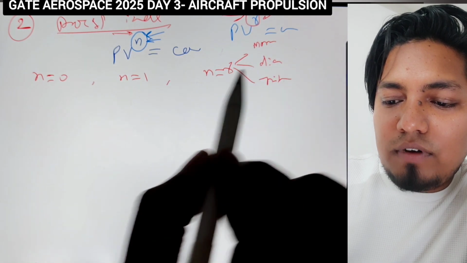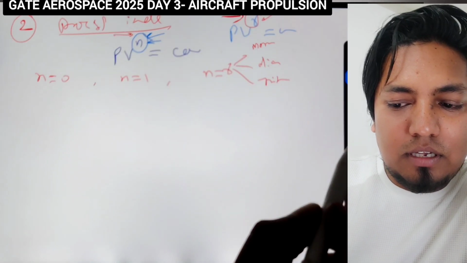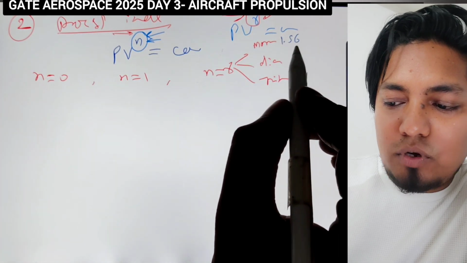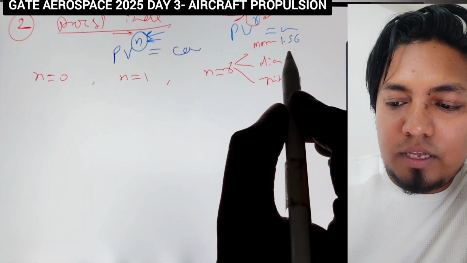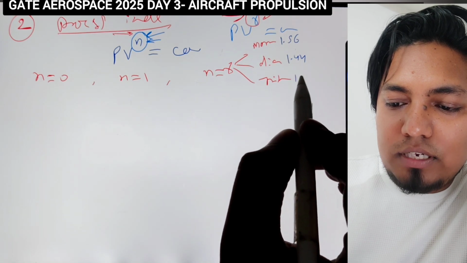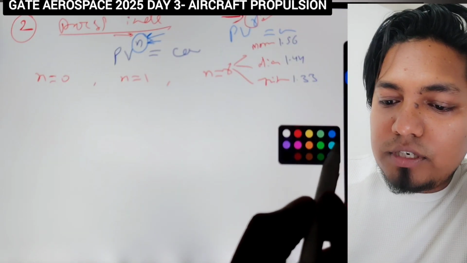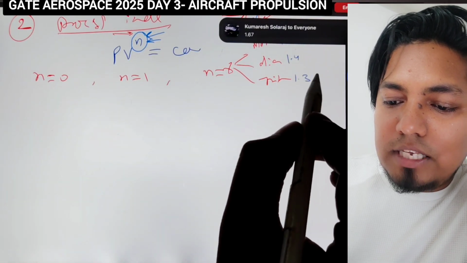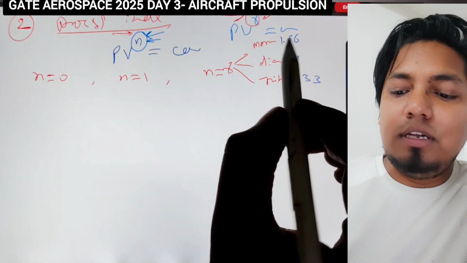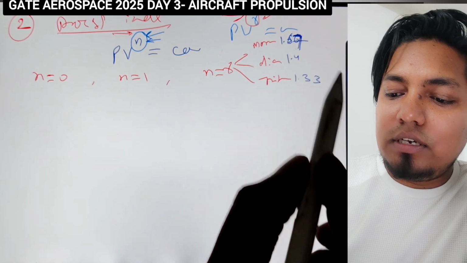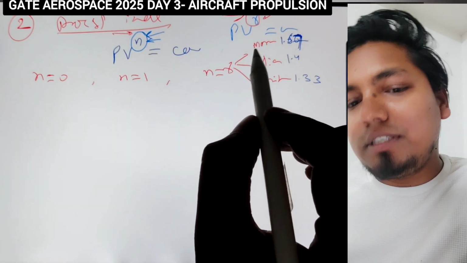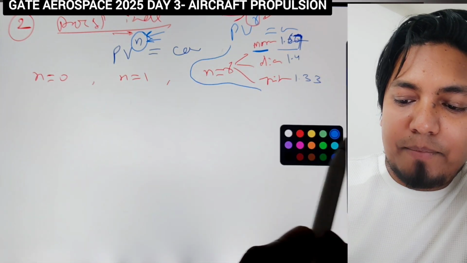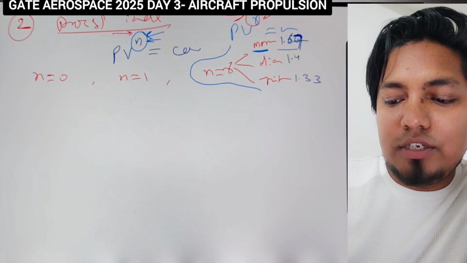For diatomic, it is 1.4, only 4. And for triatomic, it is 1.33. Okay, thank you, Kumresh. For monoatomic, it is 1.67. So, guys, keep in mind, for monoatomic, it is 1.67. Because gases can also be monoatomic, diatomic, triatomic, right? And you can have something else like n is equal to infinite.